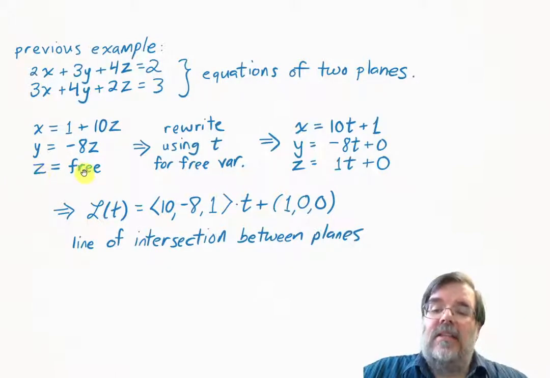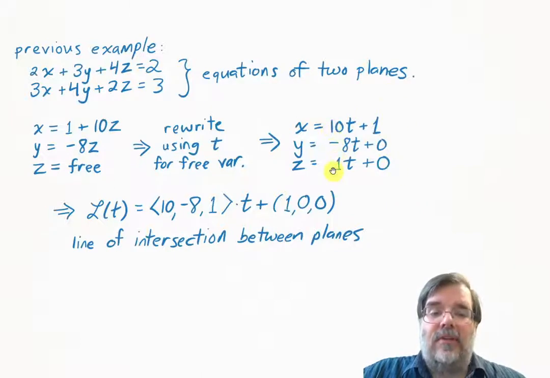Instead of just saying z equals free, we could rewrite z using the variable t, like the parameter. So z equals 1t plus 0, and then write everything else in terms of t. And in this case, it looks like the equation of a line.